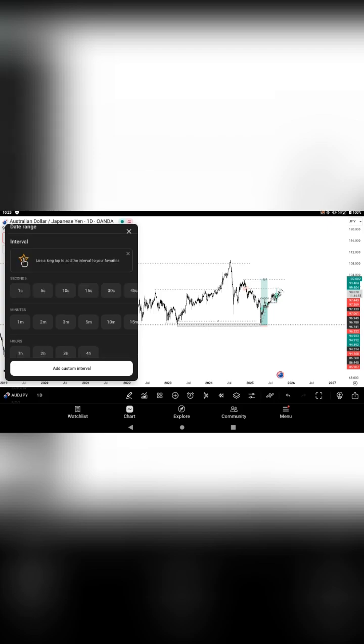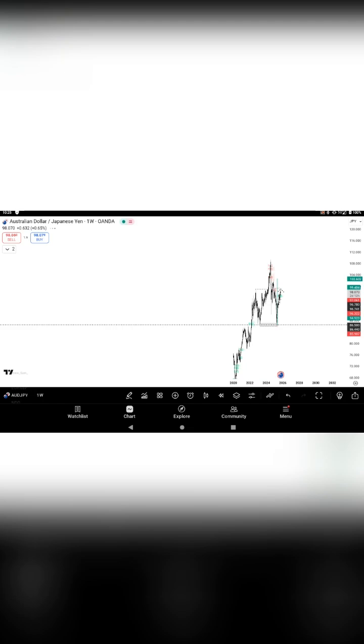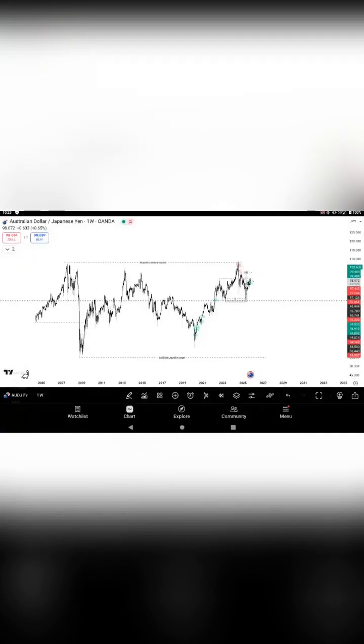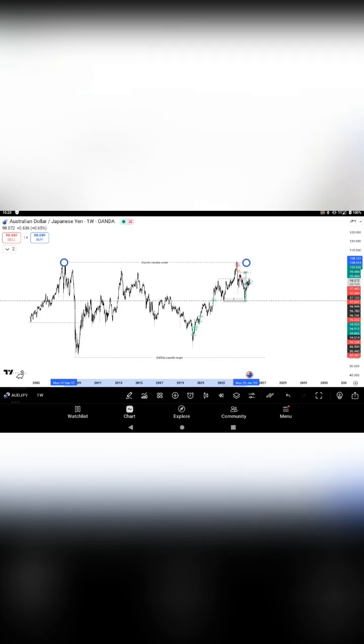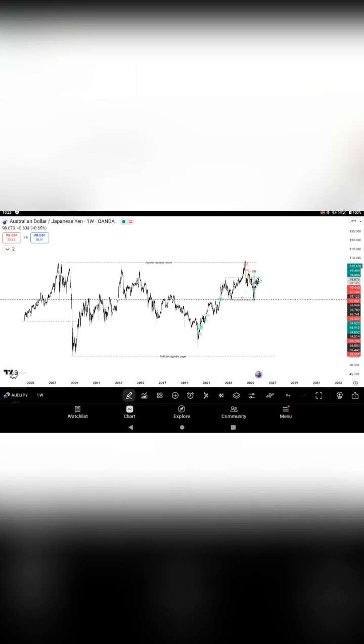Let me go to weekly time frame. All right, so you can see price swept liquidity above the all-time high. You see me put buy side liquidity there. After that happened, what happened? There was a massive sell-off. Okay, let me bring out my part two.